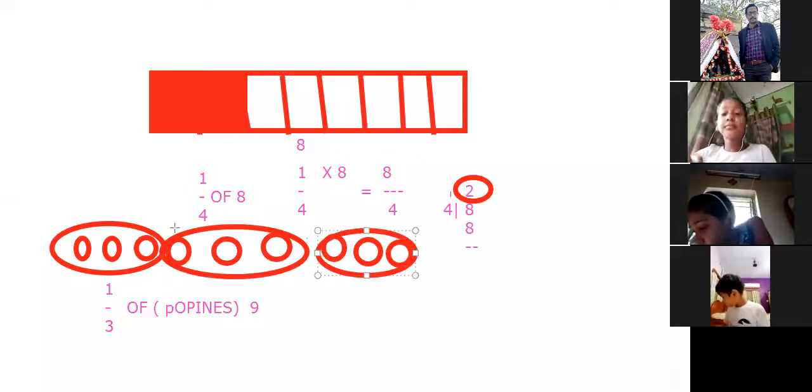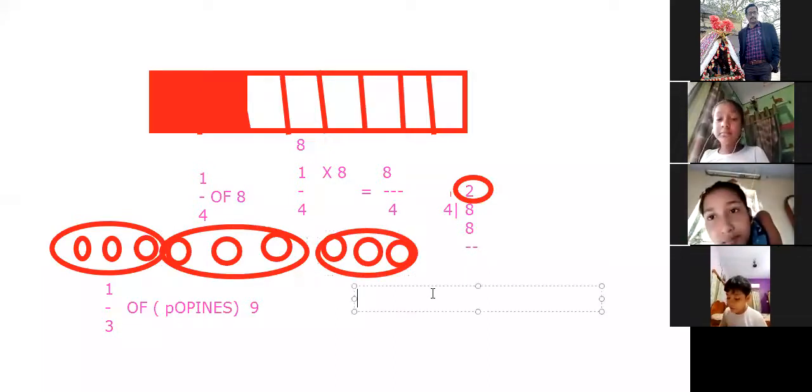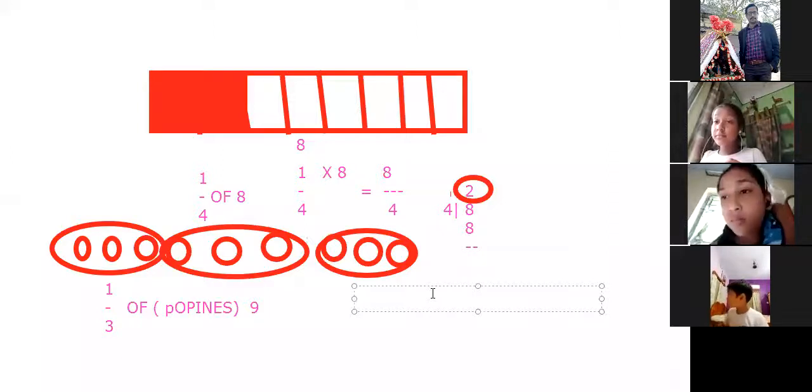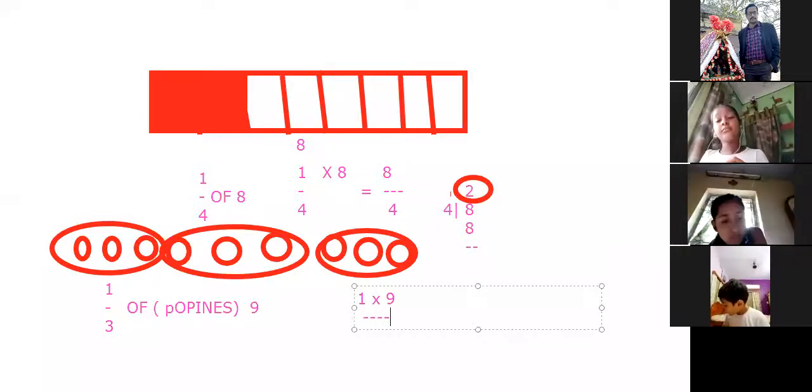So let us see the calculation, the maths also. This is the figure we have seen, now we'll see the maths. We'll write 1 into 9 divided by 3.